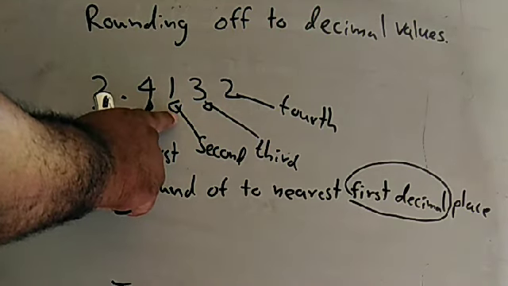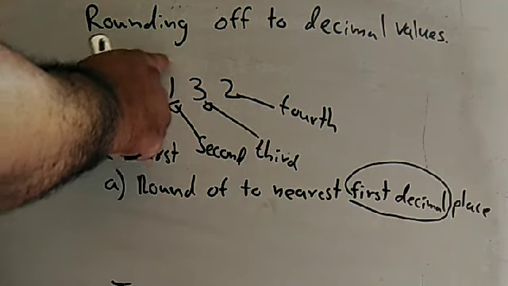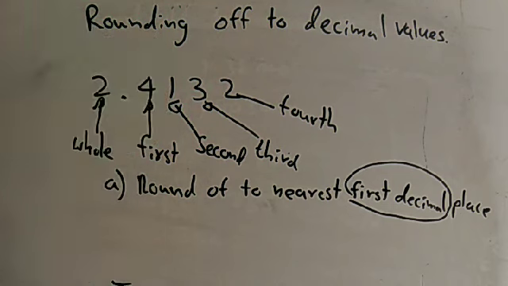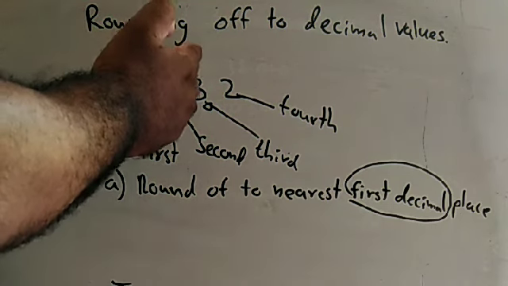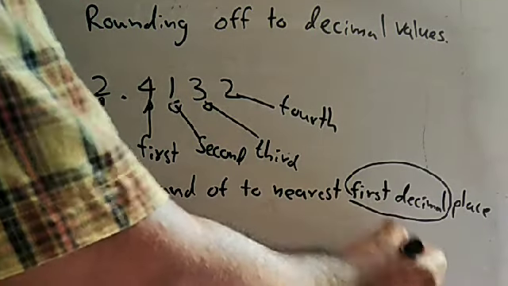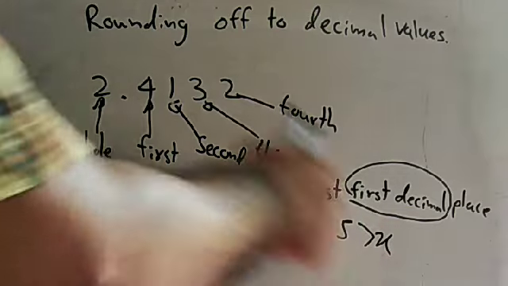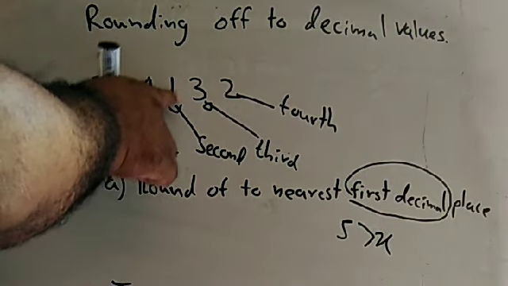The second decimal place is 1, which is below 5.